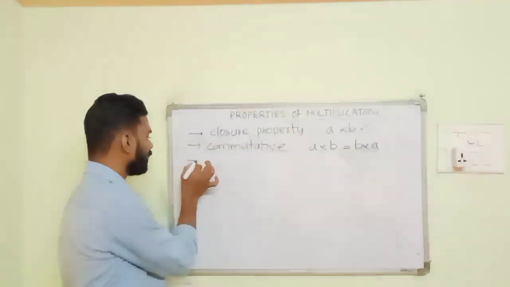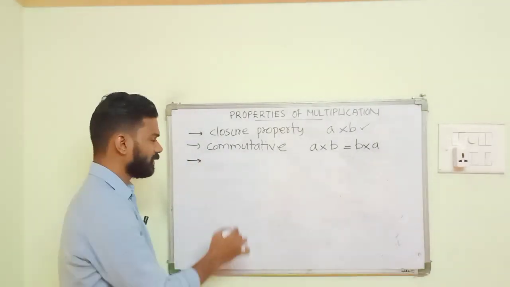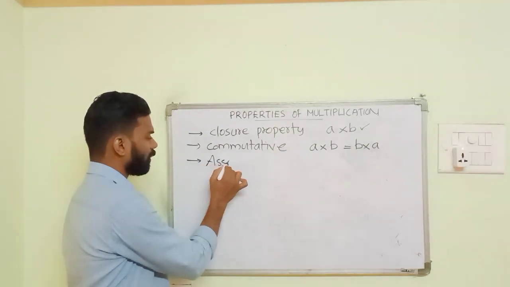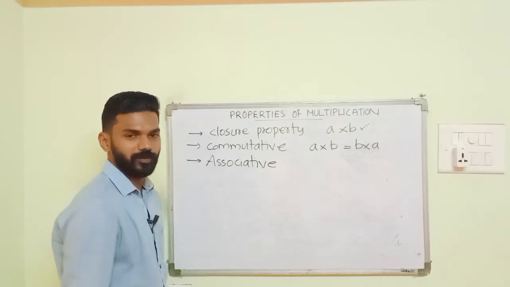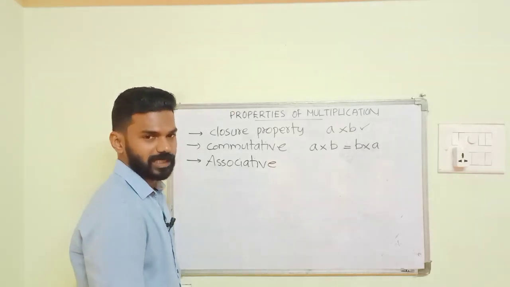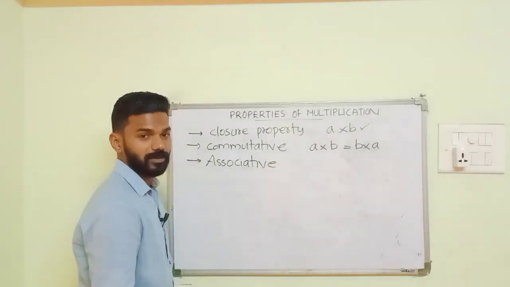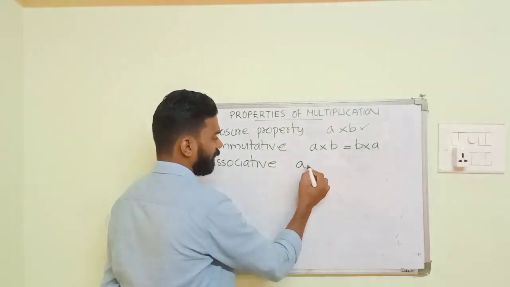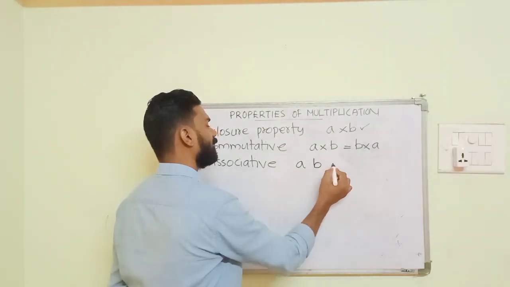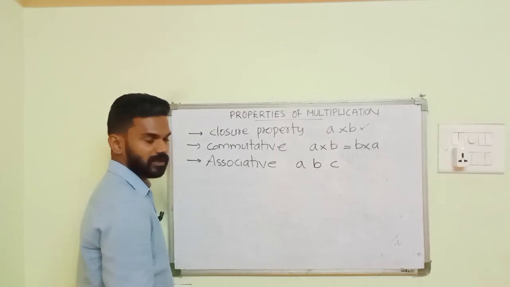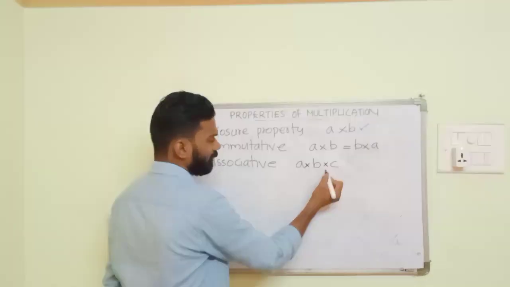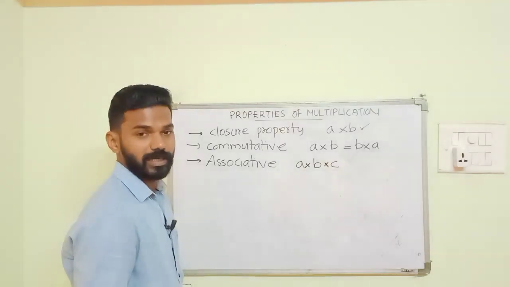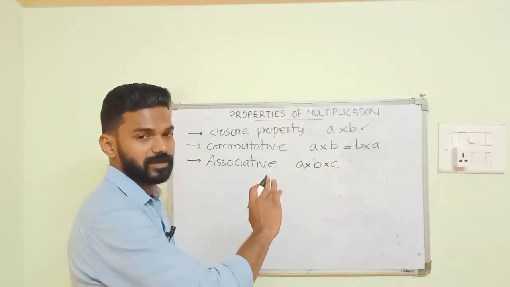And here comes the third property, which is the associative property. This associative property can be expressed by taking three whole numbers. Suppose A, B and C are three whole numbers, and you want to multiply A into B into C, then it can be done in two different ways.